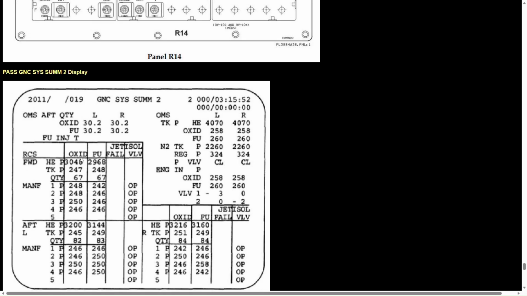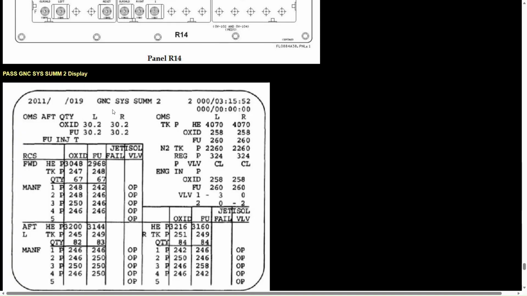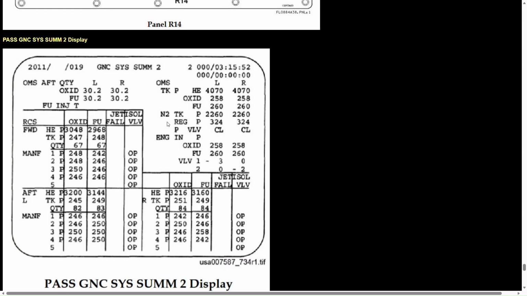And that is all in the GNC System Summary 2 display of the space shuttle. So this you would bring up on one of the 5 screens that are in the middle, and that will be able to explain to you how much pressure you have left.